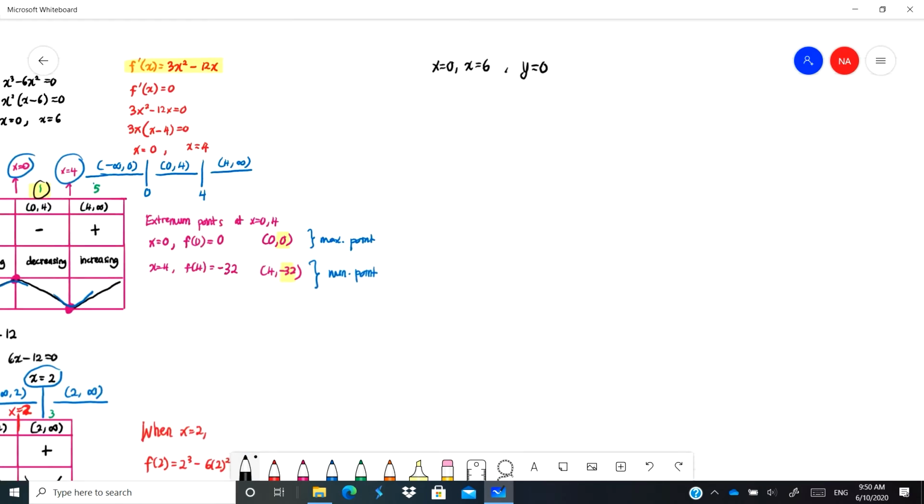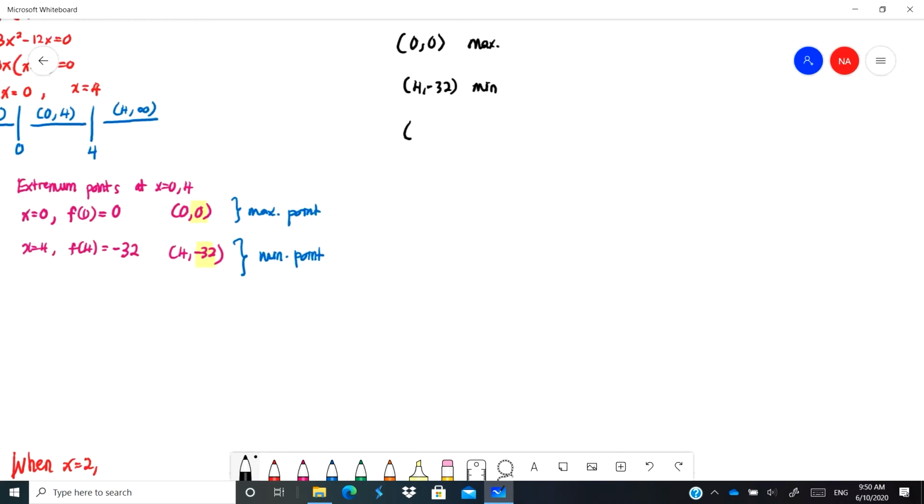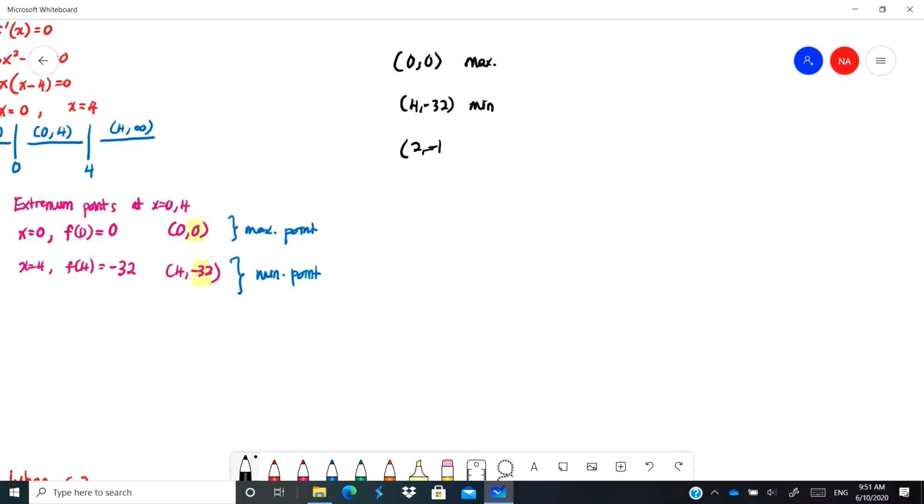Then we'll have the maximum point at (0, 0), and (4, negative 32) is the minimum point. The last one, (2, negative 16), is the inflection point.